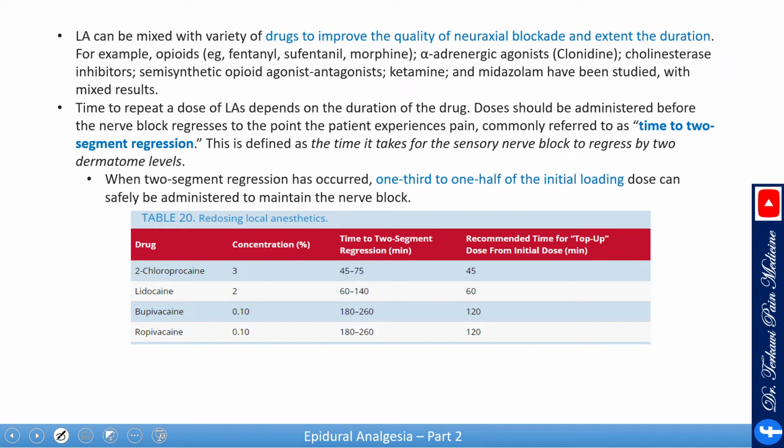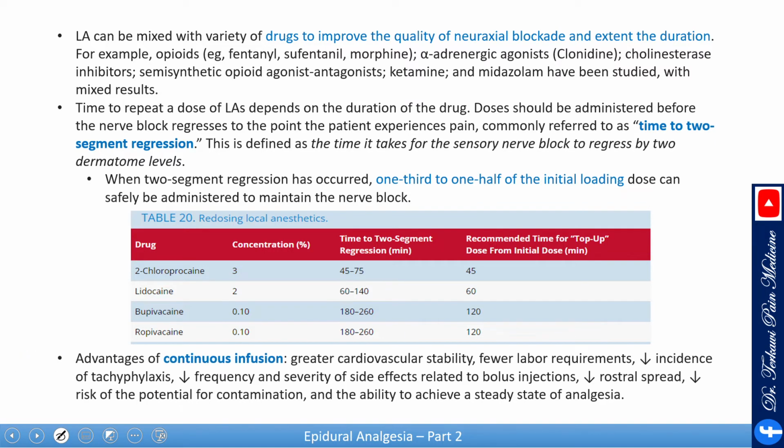So when two-segment regression has occurred, 1/3 to 1/2 of the initial loading dose can be safely administered. And this table shows you roughly the timing and dose.